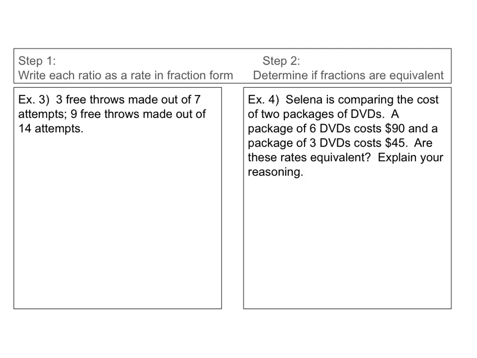Okay, so step 1 is write each ratio as a rate in fraction form, and then step 2 is to determine if the fractions are equivalent. So I have 3 free throws made out of 7 attempts, and then 9 free throws made out of 14 attempts. So this time I'm actually going to set them equal to each other.